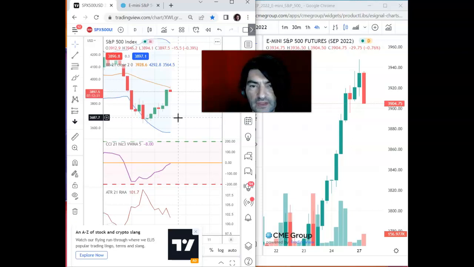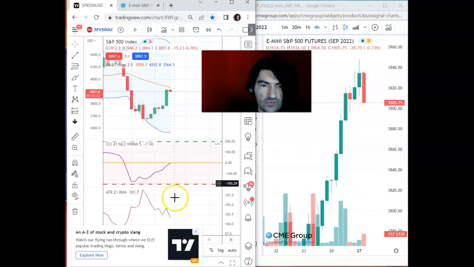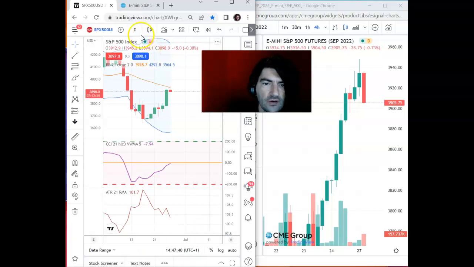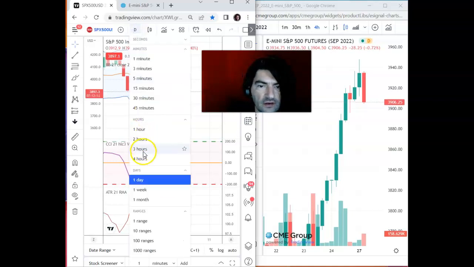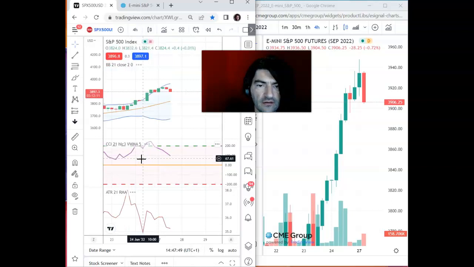But that's how we've looked at things and how we've ended up here. It's also quite important if the ATR picks up, because we had the push on Friday, but if you look at the 4-hour again from Friday the 24th, you can see the ATR push up and then drop down.